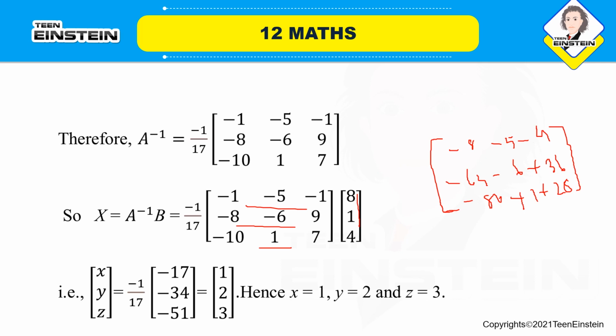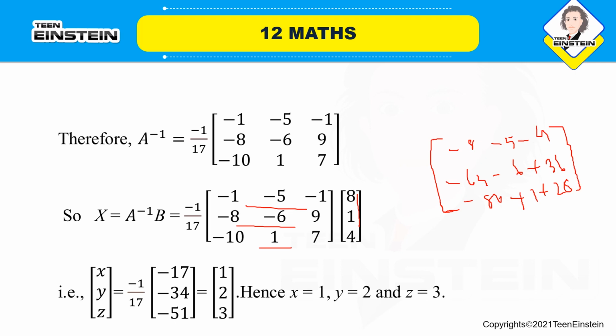This is minus 13 minus 4, so minus 17. What is minus 6 plus 36? It is plus 30. This is minus 64, so you'll be getting minus 34. Here we have 29 and this is minus 80. So minus 80 plus 29 is minus 51.